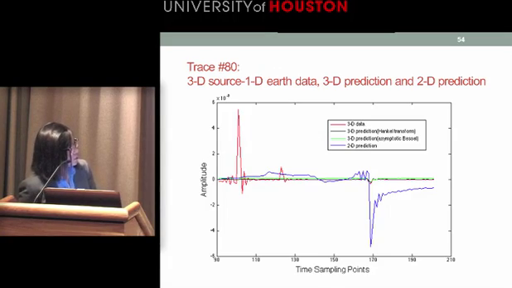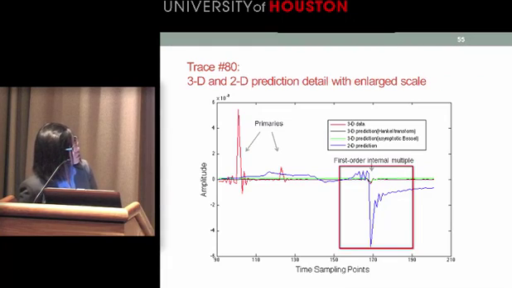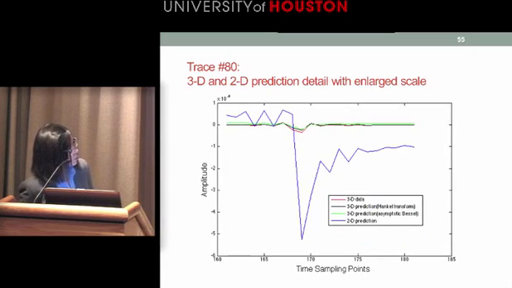And you can see again this 2D prediction has enlarged amplitude for the first-order internal multiple. Here we enlarge the scale for the prediction part, and we can see the difference.